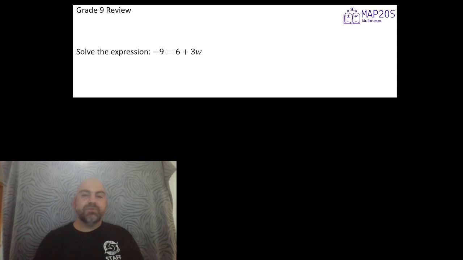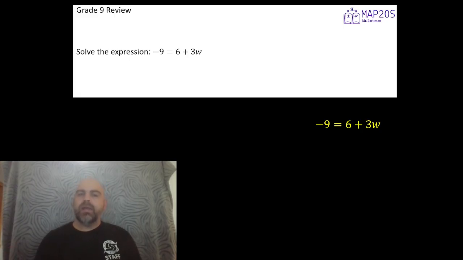Here's another one for you to give a try. Try to solve for w. Pause the video, come back when you're ready. Okay, so we're going to try for w here. The first thing we need to do is get rid of the 6. Okay, we have a +6. Don't worry about the +3 behind it. Worry about the +6 to start.